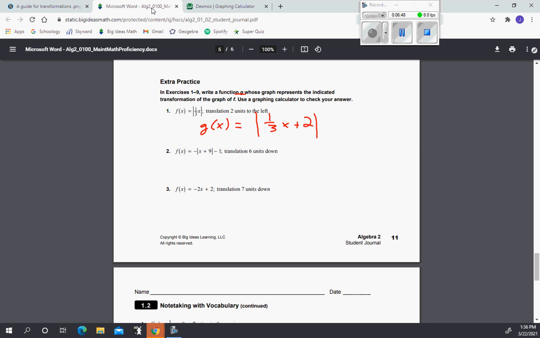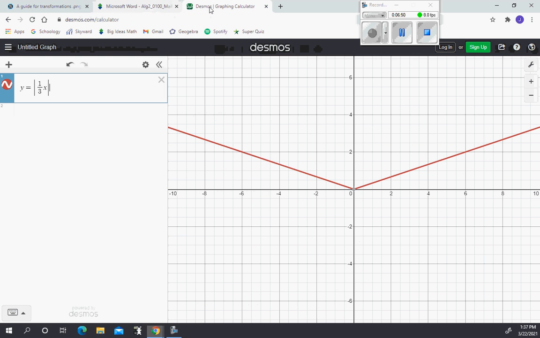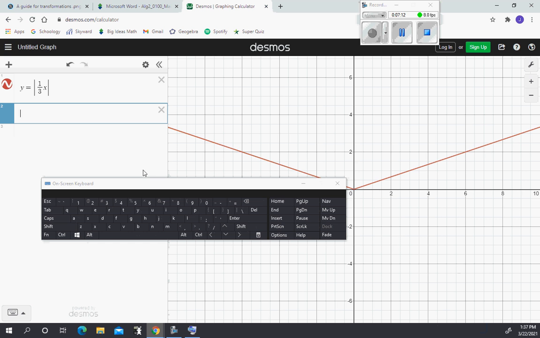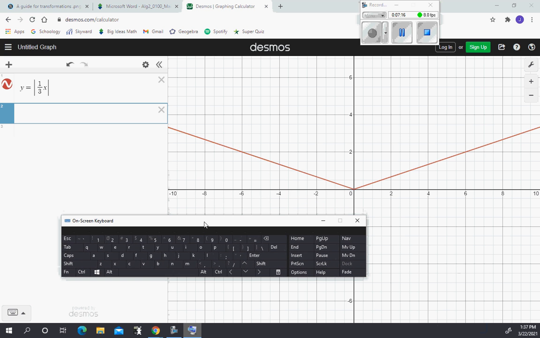Now I want to show you this function. So here's my absolute value. There's what we started with. We want to go 2 units to the left. So let me pull up my keyboard here. Give me 1 second, sorry. Okay, there we go. Now let's type in that new function.